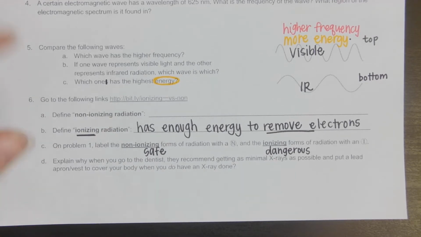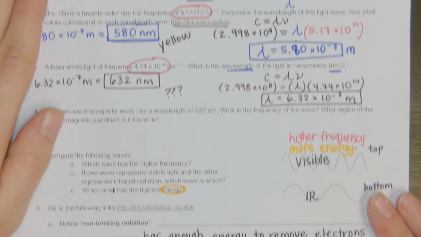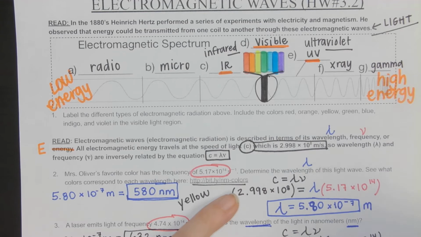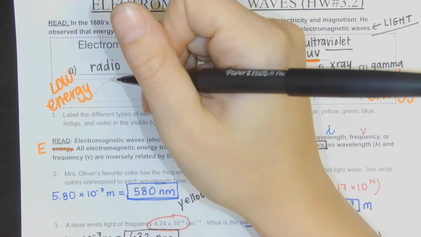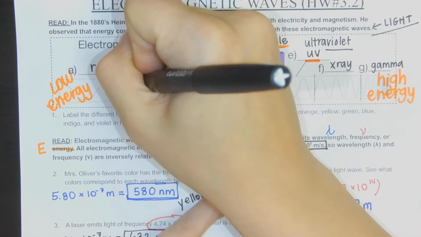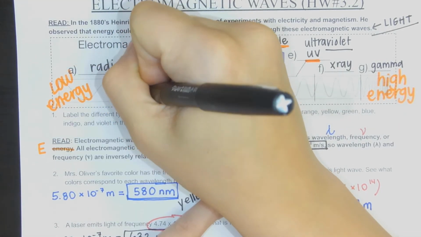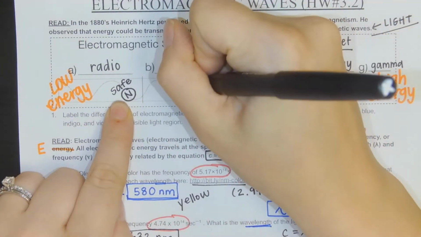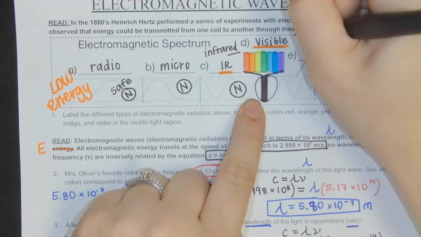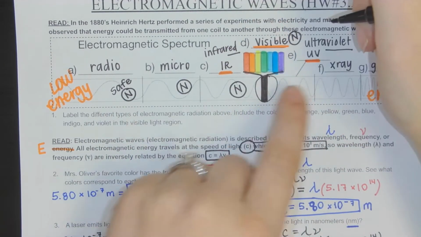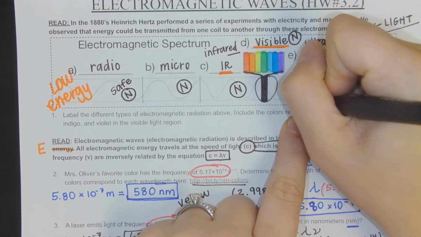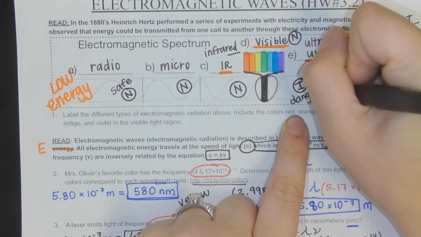So on problem 1, the very top problem, we're trying to figure out which ones are safe and which ones aren't. The ones that are safe, so safe is non-ionizing, non-ionizing, non-ionizing, non-ionizing, non-ionizing, and then ultraviolet is where we start getting into things that could potentially be dangerous.